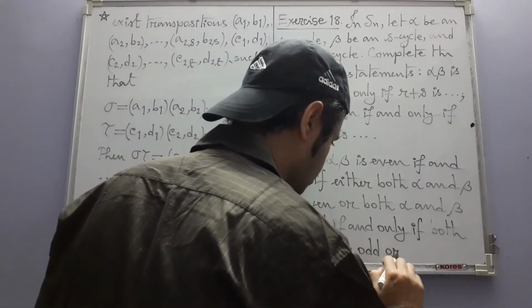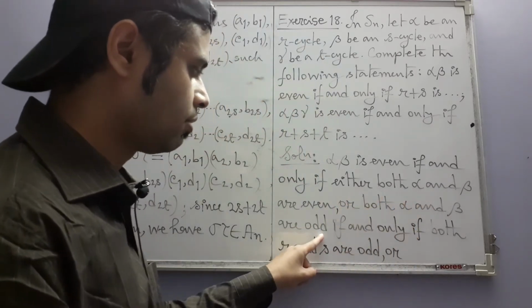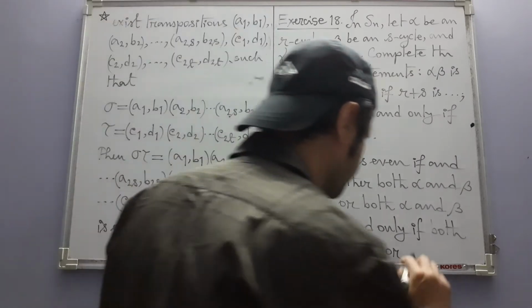or both alpha and beta are odd. That will happen when both R and S are even.